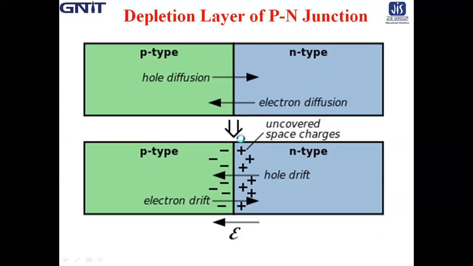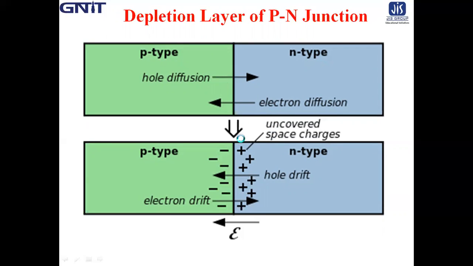See the figure. Donors and acceptors on the N side and P side of the junction are left uncovered due to removal of electrons and holes bound to them respectively.